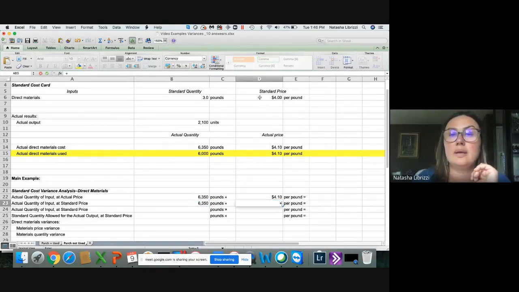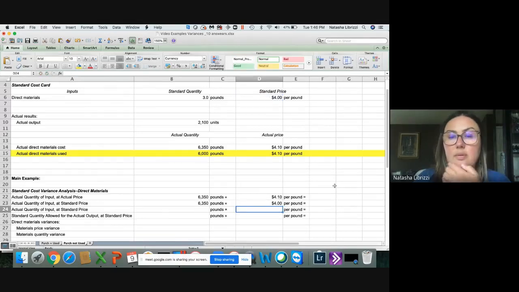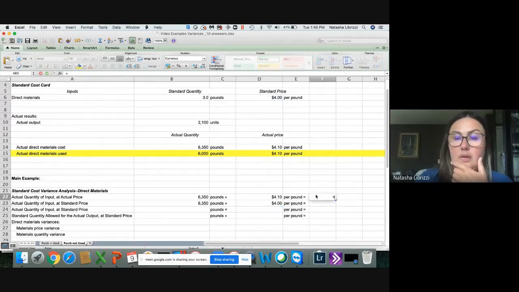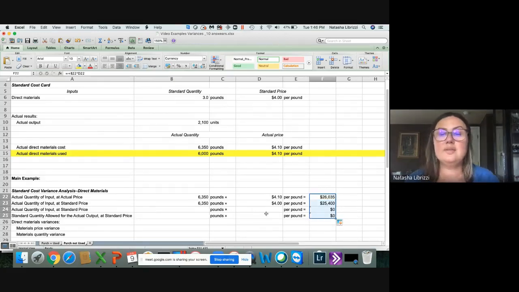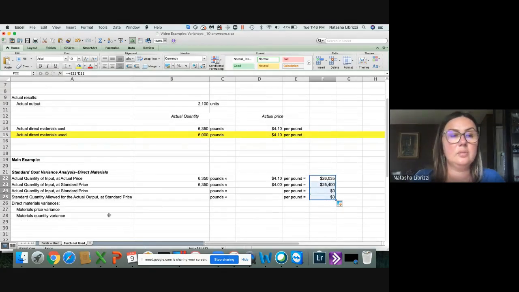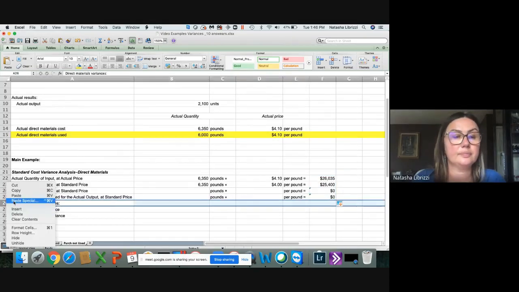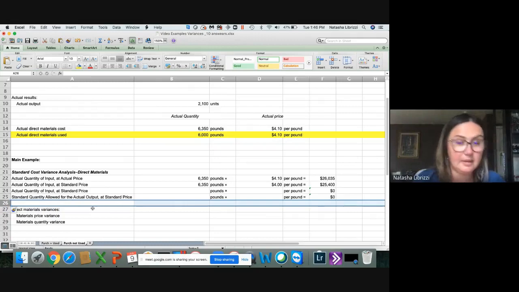I'm doing the same thing I did before, this times my cost per pound. I can copy this. This is true, so this would be the same. So if I'm going to do my material price variance, it's going to be the same.